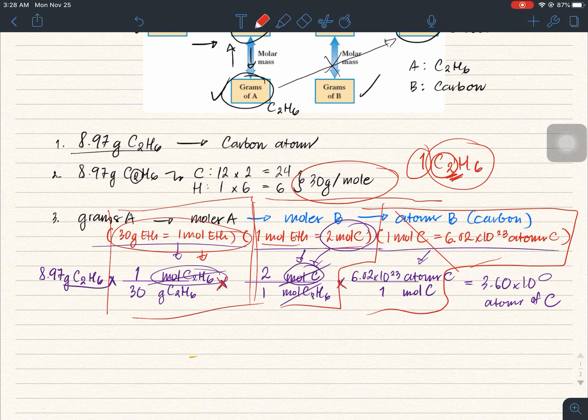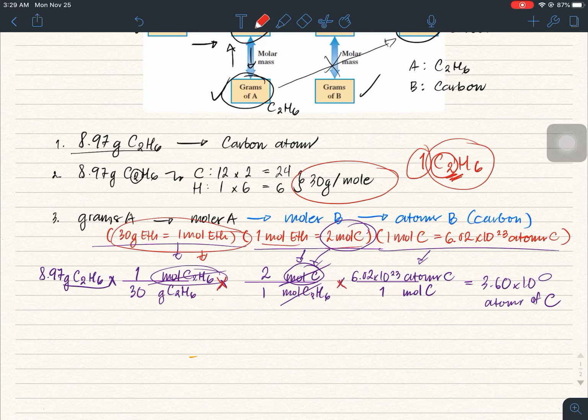Okay, and that would help you in making sure that you have the right conversion factors. And then once you input that in your calculator, you're very sure, or at least a lot more sure, in your answers. Okay, so next is we record this as our final answer.